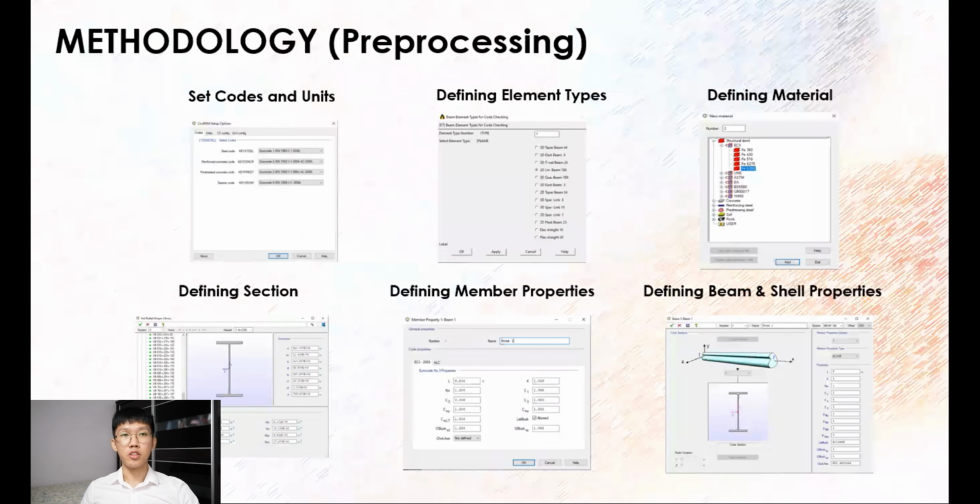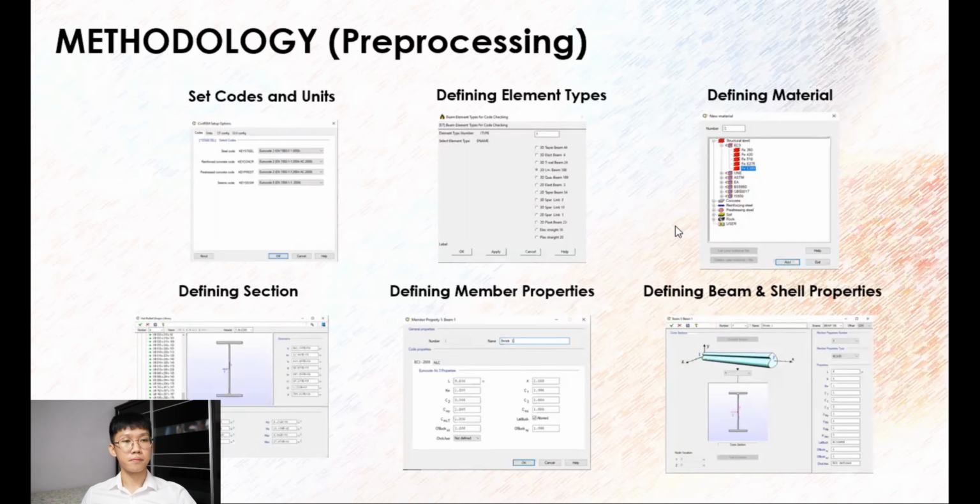Next is the methodology. We have 3 phases. First is pre-processing, second is solution phase, and the third one is post-processing. For the pre-processing, we set the codes and units, define element types, define material, define section, define member properties, define beam and shell properties.